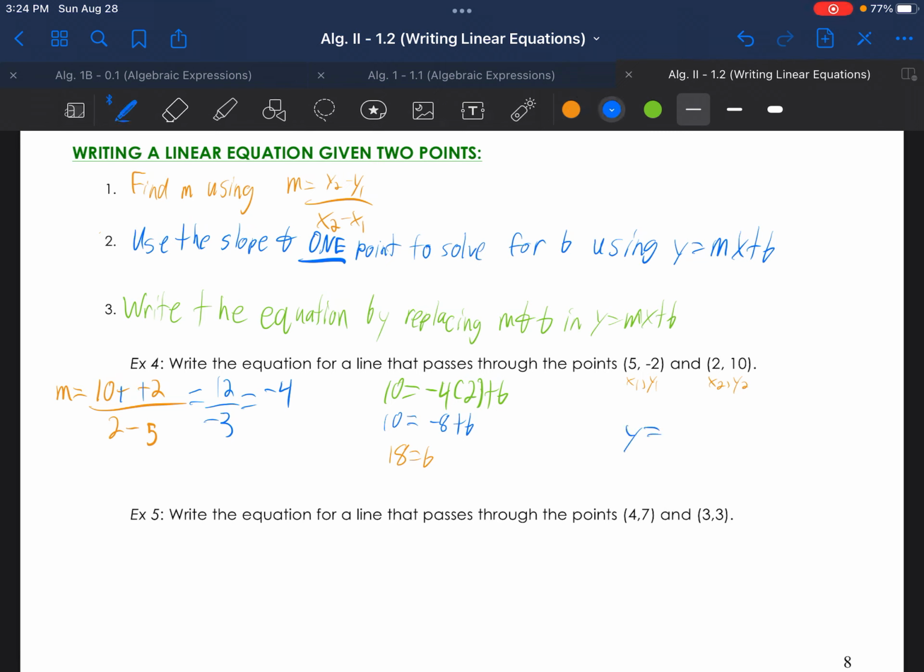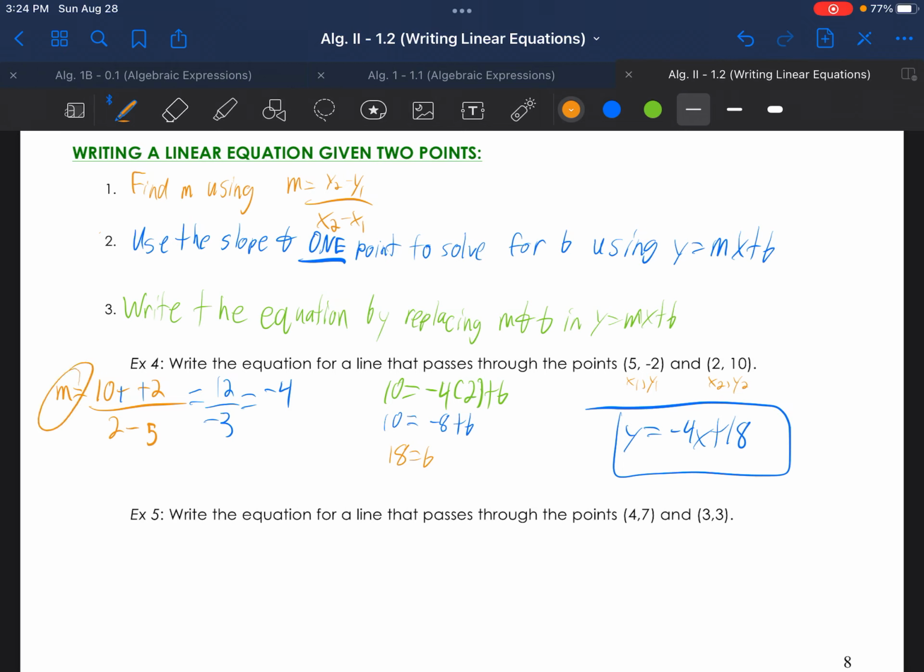Now I can finally plug my m and my b back into y equals mx plus b and get y equals -4x plus 18. So a quick recap of what happened there. We had 2 points, no slope, no y-intercept.